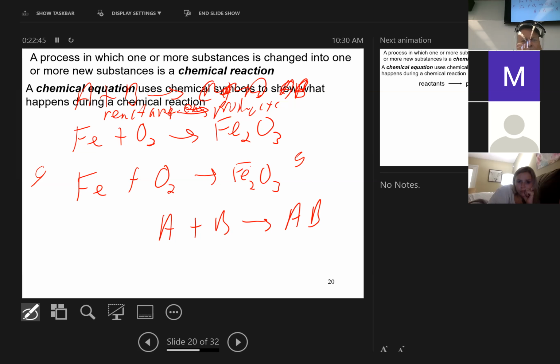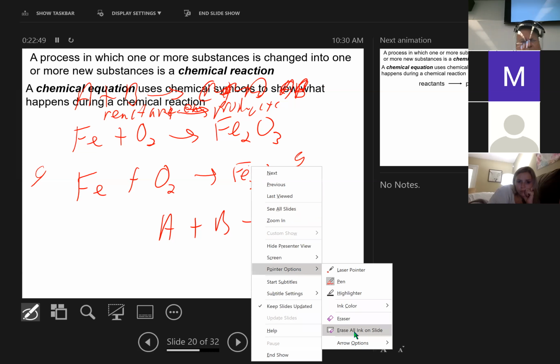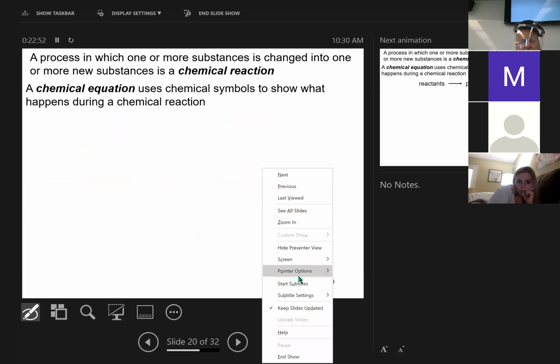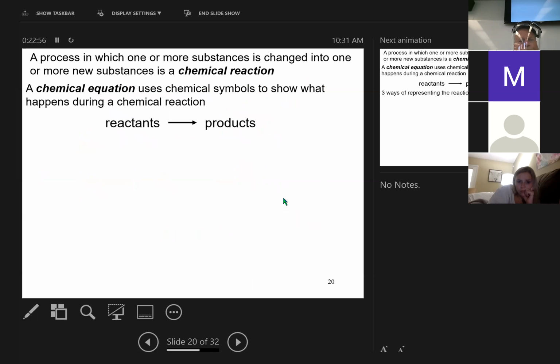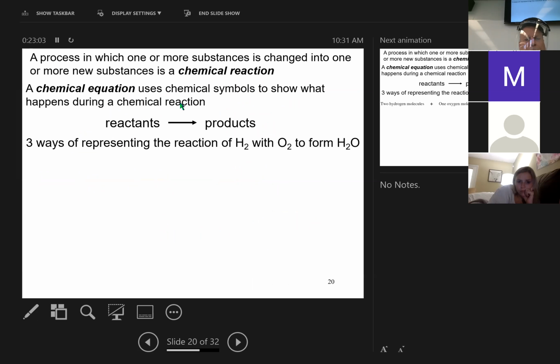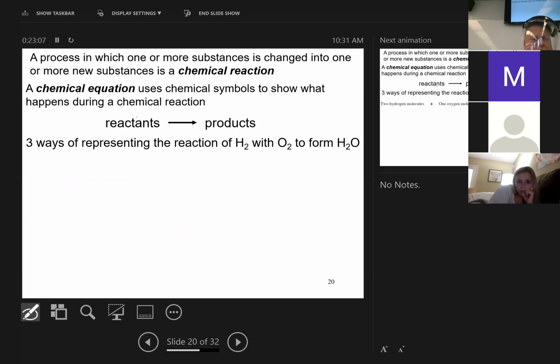So essentially, a chemical equation uses chemical symbols to show what happens during a chemical reaction, okay? The reactants go to products. The key thing about this is that the moles of reactants equal the moles of products.